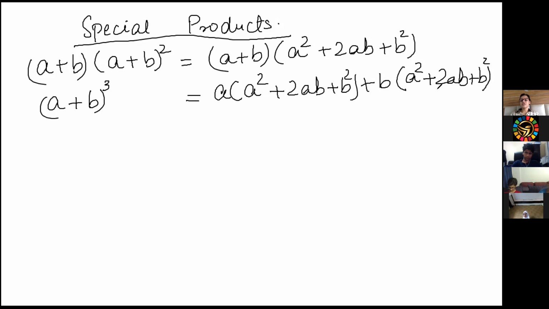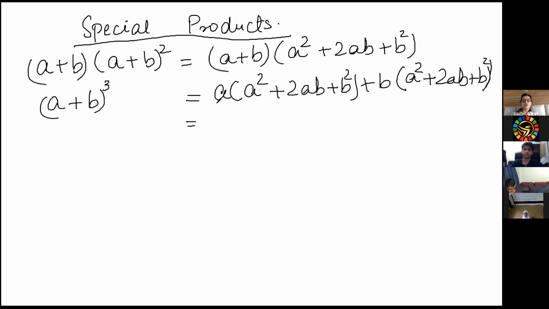Has anybody got the last step? Ma'am, is the last bracket whole square, or only b square? No, this is b square. Outside is the bracket. I have multiplied a into this plus b into this. Like this only we multiply.